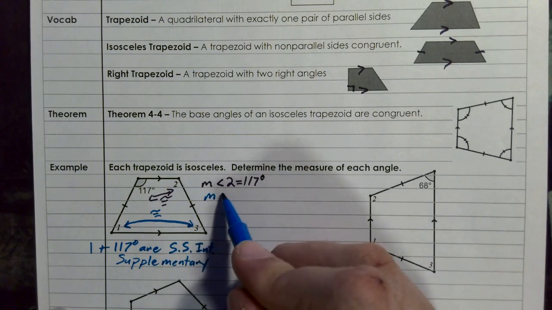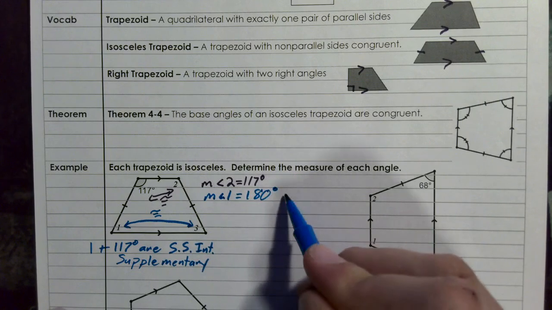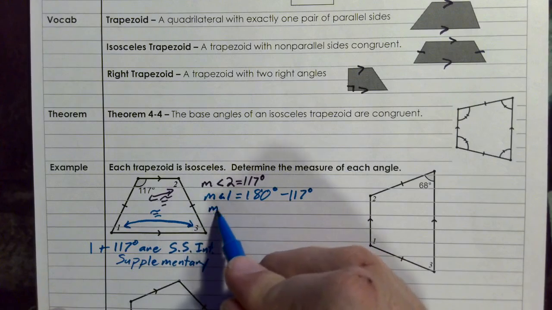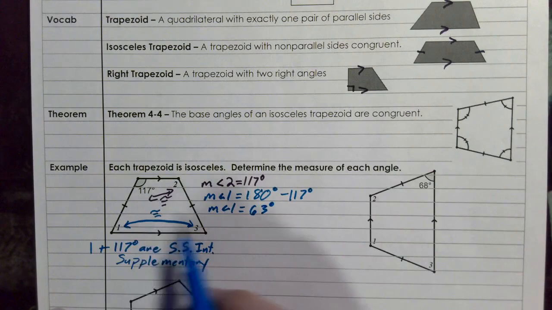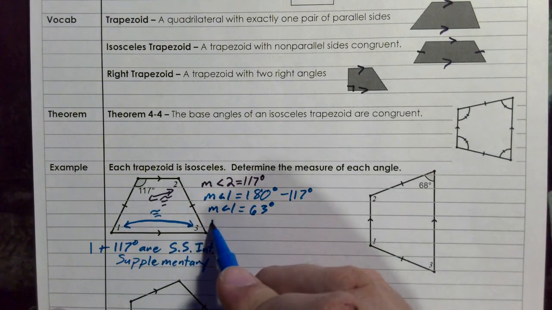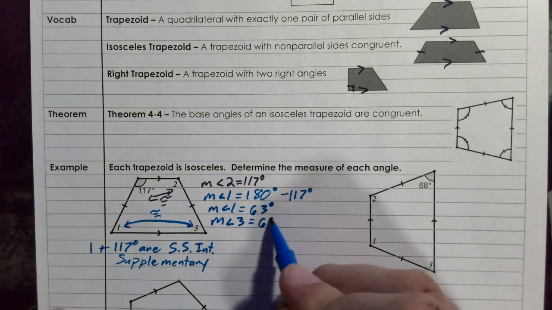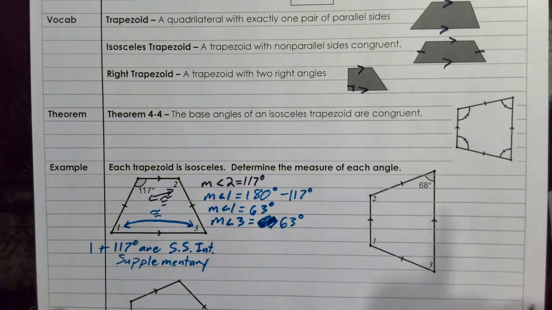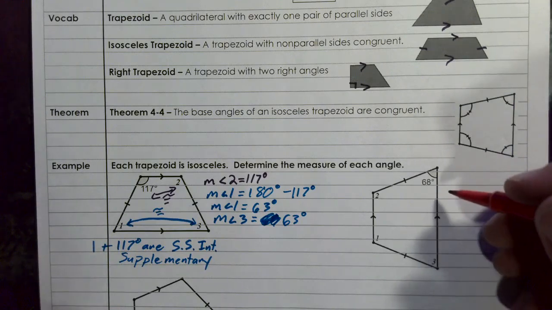So the measure of angle 1 has got to be 180 degrees minus that 117. So the measure of angle 1 is 63 degrees. And since these two are congruent, we can also say that the measure of angle 3 is 63 degrees.